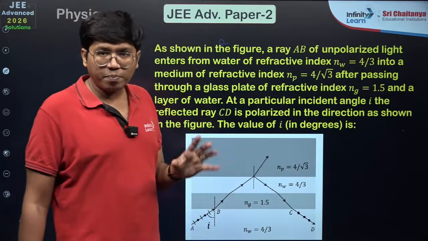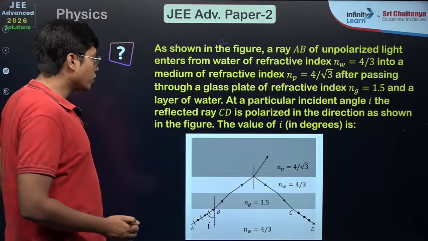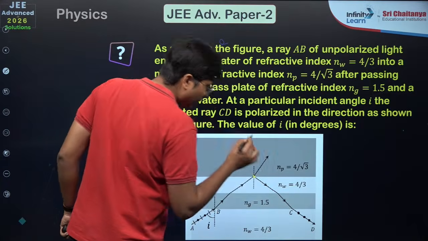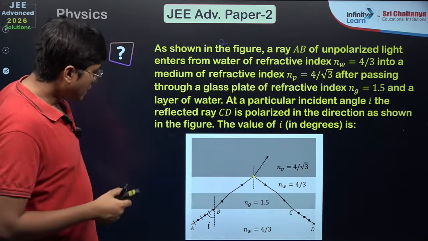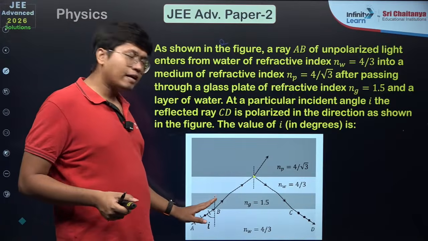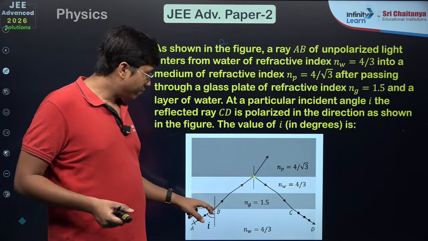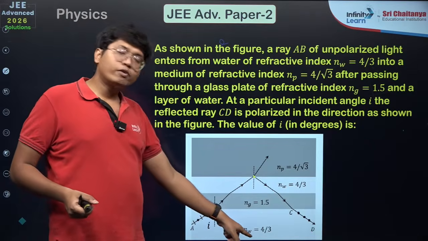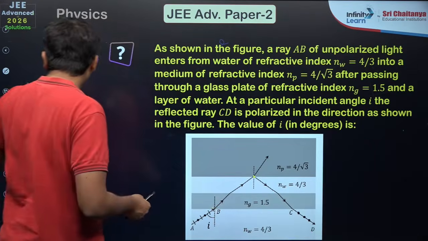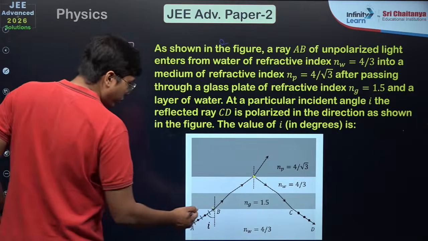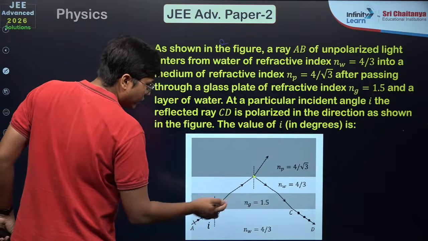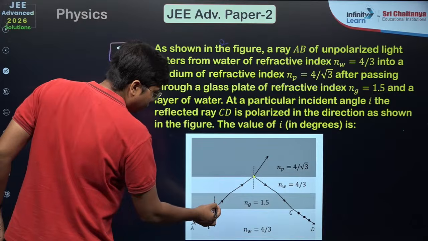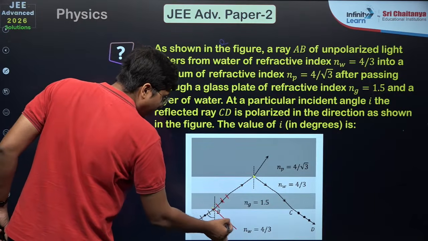Now you see the entire polarization is going to happen only here. Why so? Because if a complete polarization were to happen over here, the polarized light would have gone from here itself. The only light ray that would have survived over here would have been these, because the other one would have reflected from here.